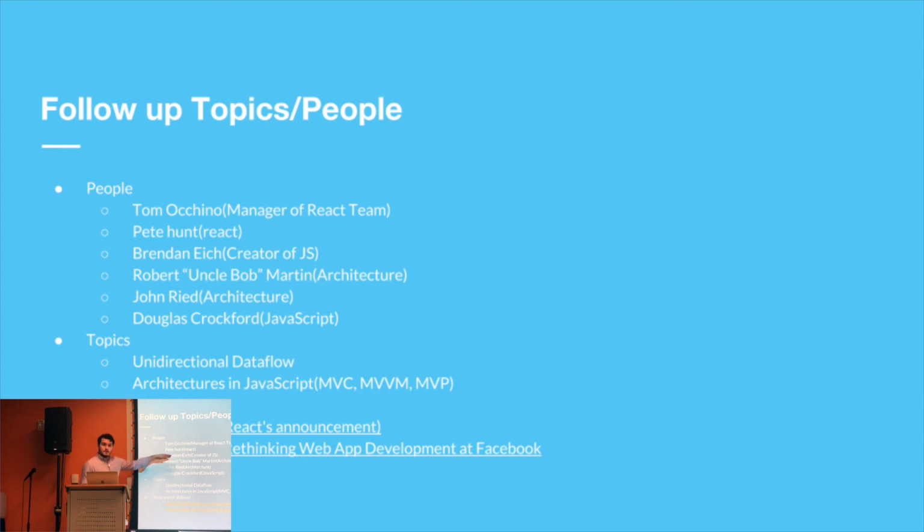Brendan Eich, he's actually the creator of JavaScript. Robert "Uncle Bob" Martin, this guy is amazing. He's funny too. If you want to know about architecture, things like MVVM, MVC, MVP, or things called VIPER in iOS, anything like architecture, if you want to become not only a better developer but really understand and be able to talk the jargon, Uncle Bob Martin is your guy.